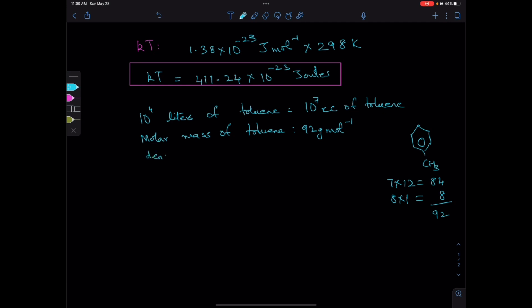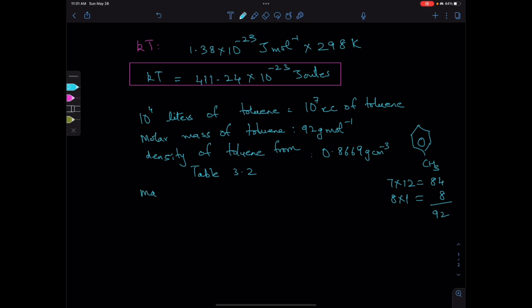Density of toluene from table 3.2 is 0.8669 grams per centimeter cube.